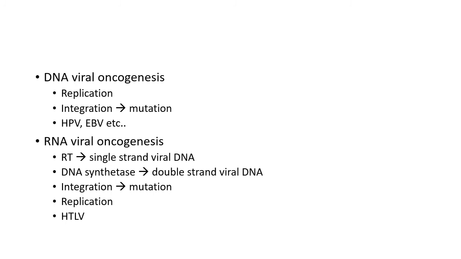This single strand of DNA is then duplicated to form a double strand by another enzyme, that is DNA synthetase. And this double-stranded viral DNA sequence is inserted into the host DNA, leading to integration and mutation.